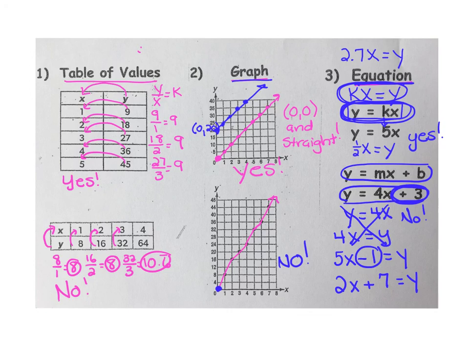Well, it's linear. It would form a line, but because of the plus 7 constant, it's not proportional. Proportional equations are pretty simple. They tend to look like this.